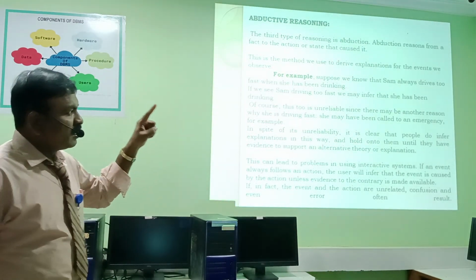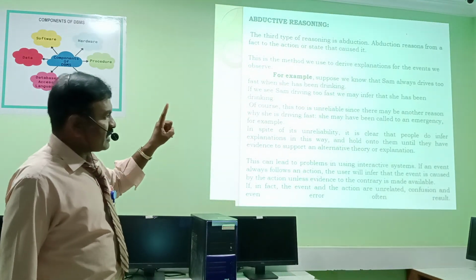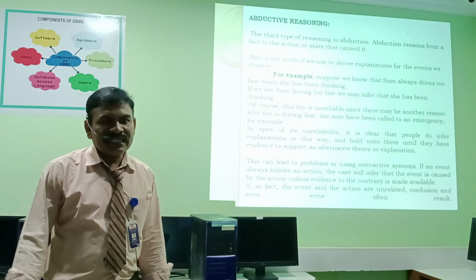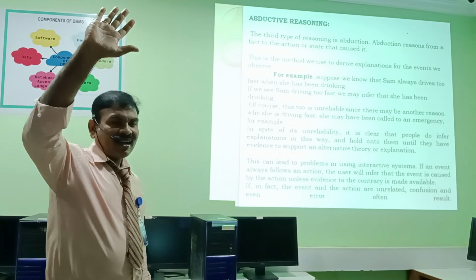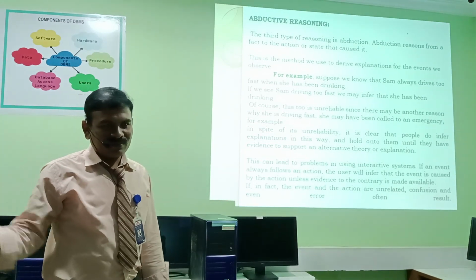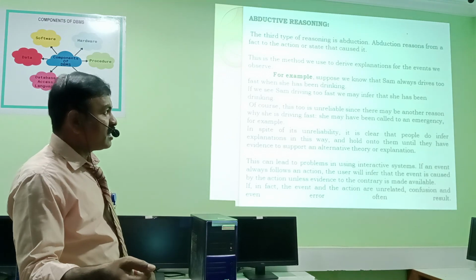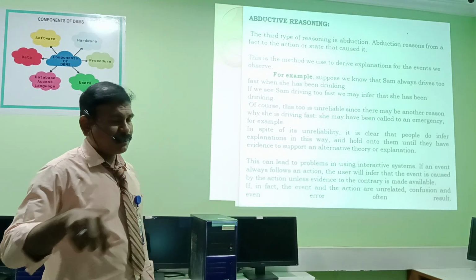First statement: Sam always drives too fast when she has been drinking. So when she is drinking, at that time Sam drives too fast. Second: Sam is driving too fast, so we may infer that she has been drinking.